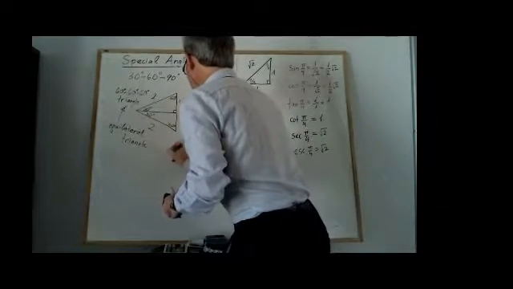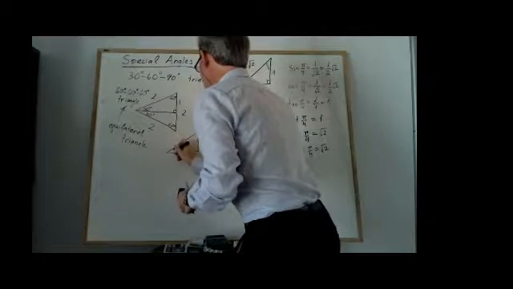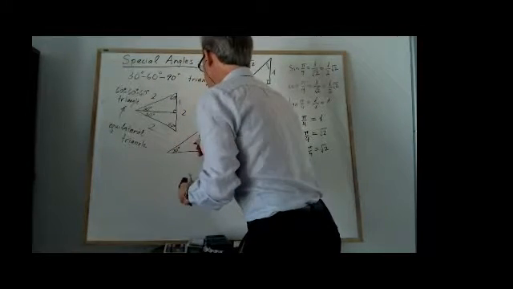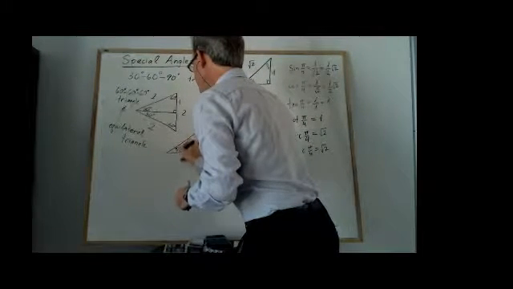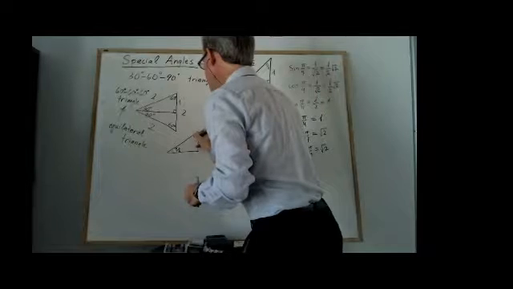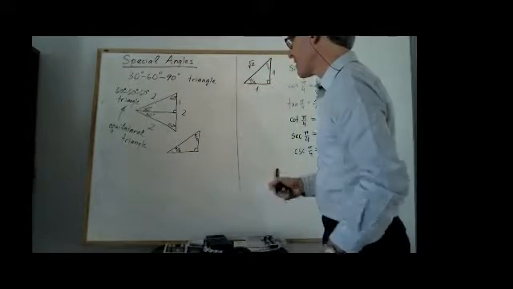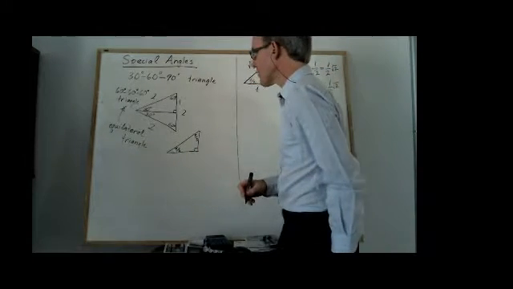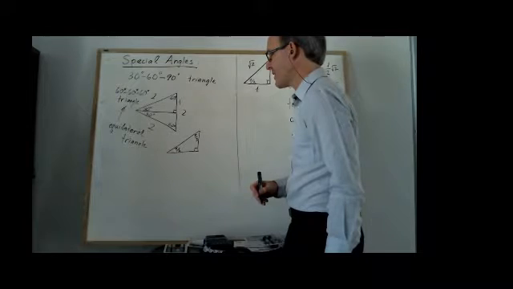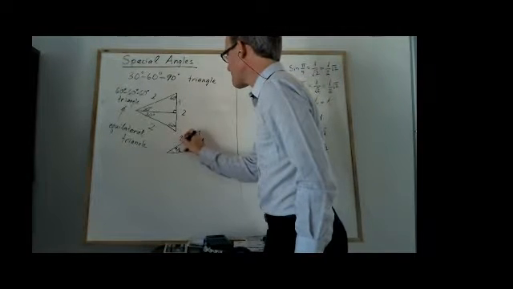Pi over 6 is the angle in radians for 30 degrees. Pi over 3 is the angle in radians for 60 degrees. And I'll continue to leave this as a small square to indicate pi over 2 radians, which is 90 degrees. So this side length is 1. This side length is 2.